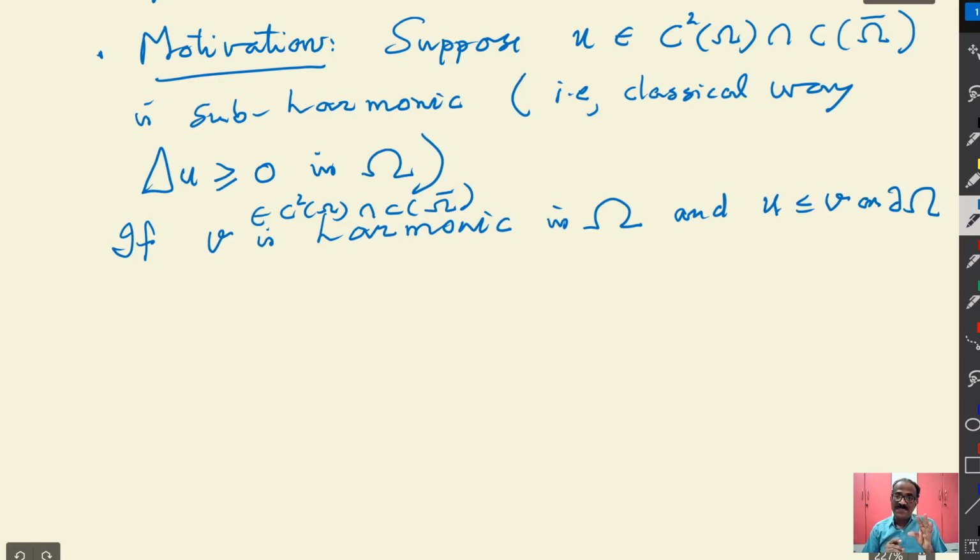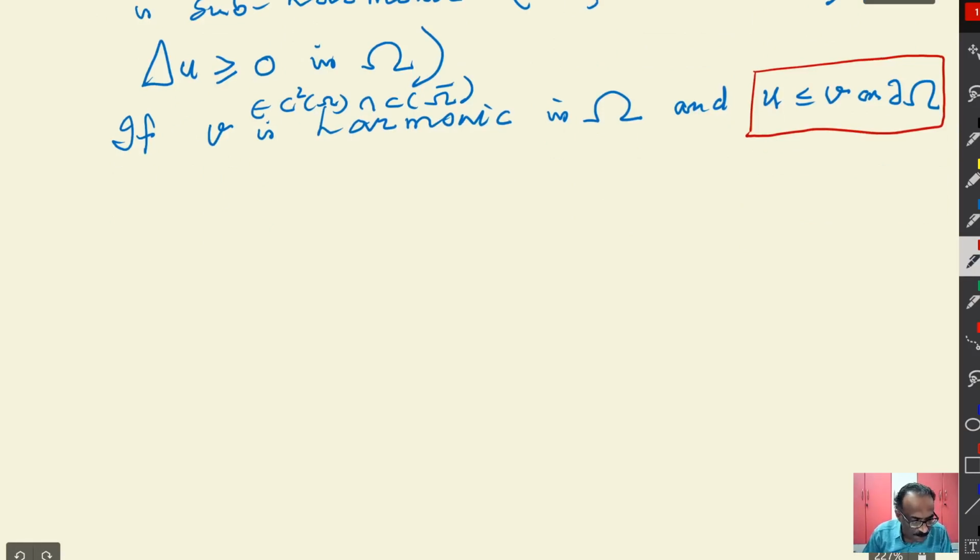So u is a sub-harmonic function in the classical way, and v is a harmonic function which satisfies this inequality. Then what can you tell by the maximum principle? What about u minus v?